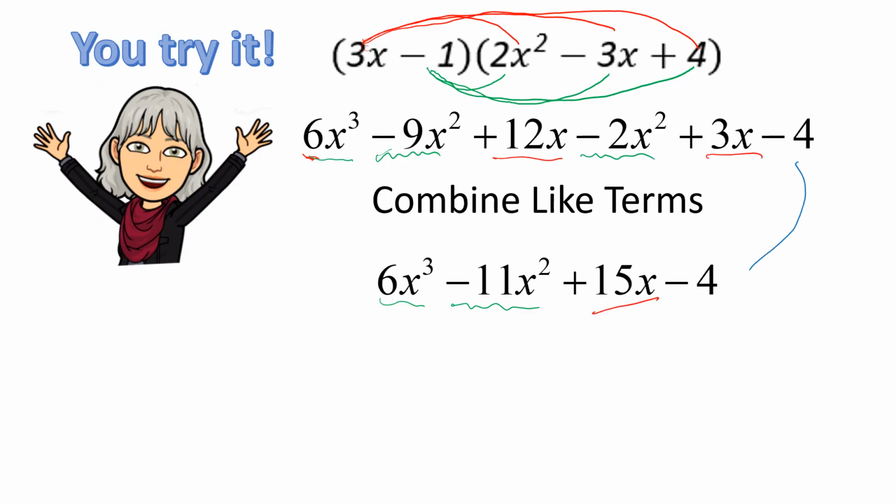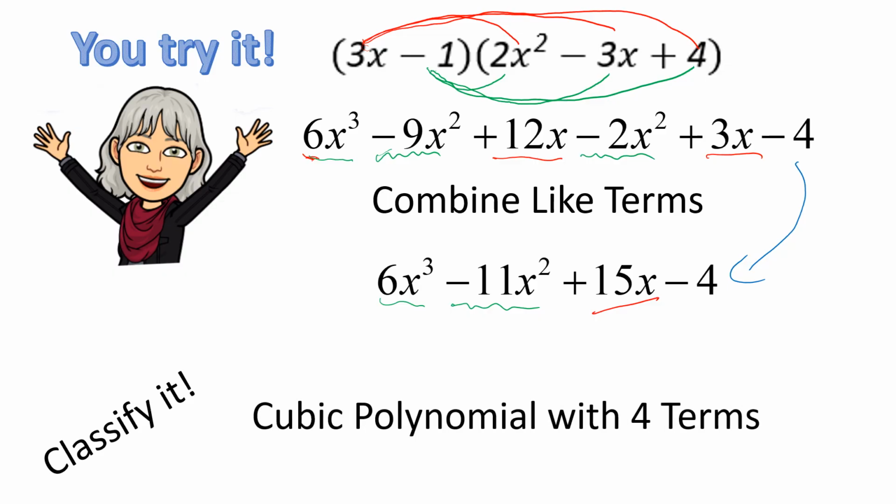And then I'm just going to bring that 4 down at the end because I have no other numbers to combine with it. So when I multiply those two polynomials, I'll get 6x to the third minus 11x squared plus 15x minus 4. If I'm going to classify this, the highest degree is 3, so that would be cubic, and it has 4 terms, so it would be a cubic polynomial with 4 terms.